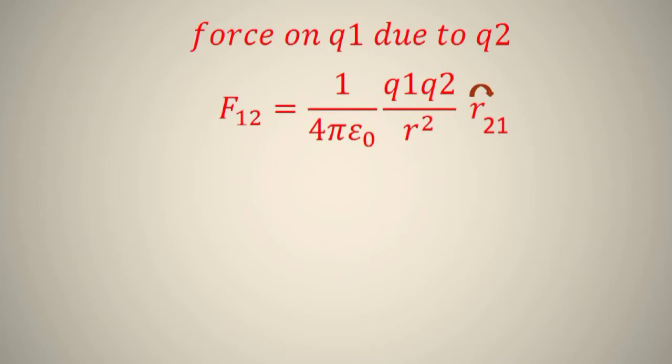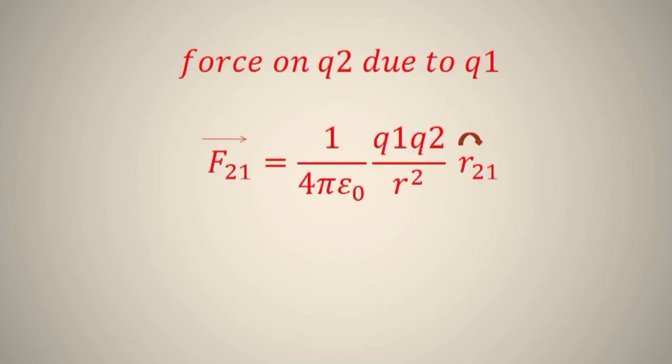Here we can write the force on Q1 due to the charge Q2, F12, is equal to 1 by 4 pi epsilon 0 Q1 Q2 divided by r square into r21 cap. Force on Q2 due to the charge Q1, F21, is equal to 1 by 4 pi epsilon 0 Q1 Q2 divided by r square into r21 cap.